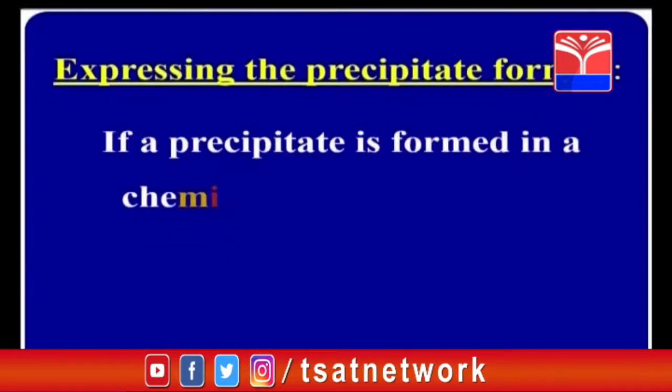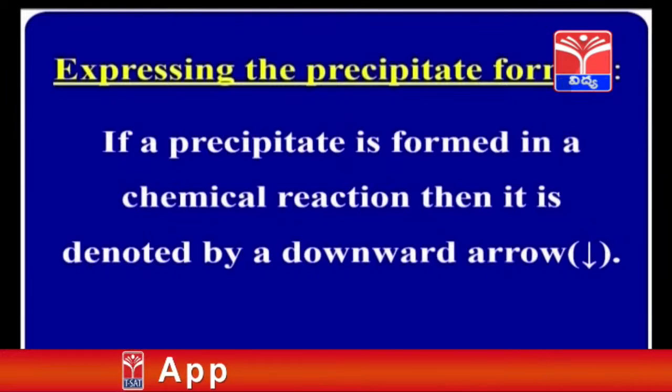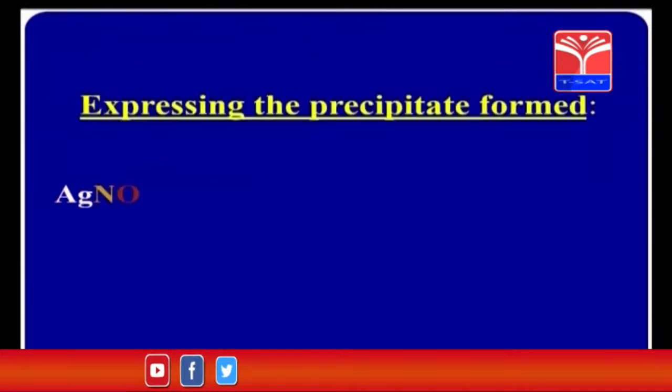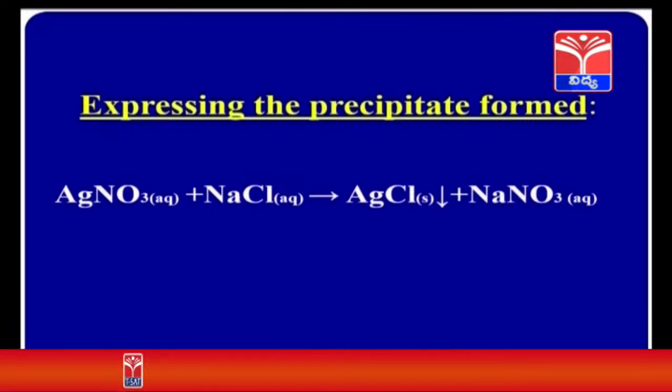So, if a precipitate is formed in a chemical reaction, then it is denoted by a downward arrow. So, now let us write the chemical equation for the above activity. AgNO3, it is an aqueous solution, plus NaCl, it is also aqueous solution, gives rise to AgCl, it is a solid and it is precipitated, that is why it is indicated with the downward arrow mark, plus sodium nitrate, it is also aqueous solution.